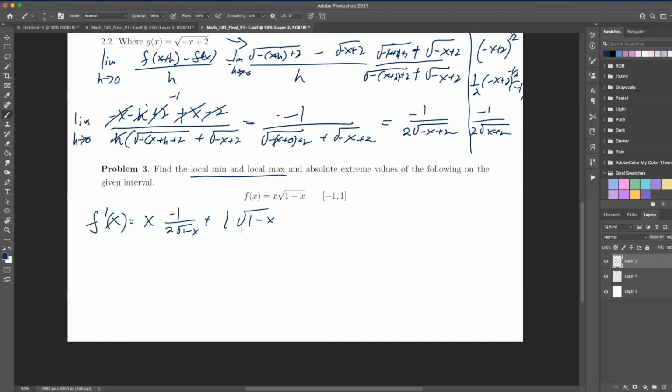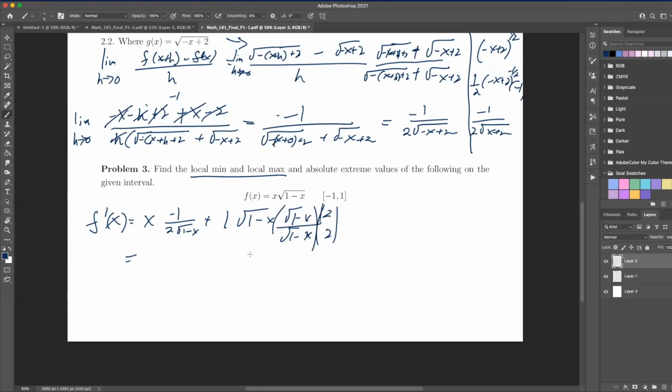So here, let me see if I can produce the answer they got. What do I want this to look like, right? They put it all together. And so I'm just going to multiply by square root 1 over x. You do not need to do this, but I just want to show that these are equivalent. And actually it's a 2 on the bottom, so I'm going to multiply by a 2 and a 2 as well, okay?